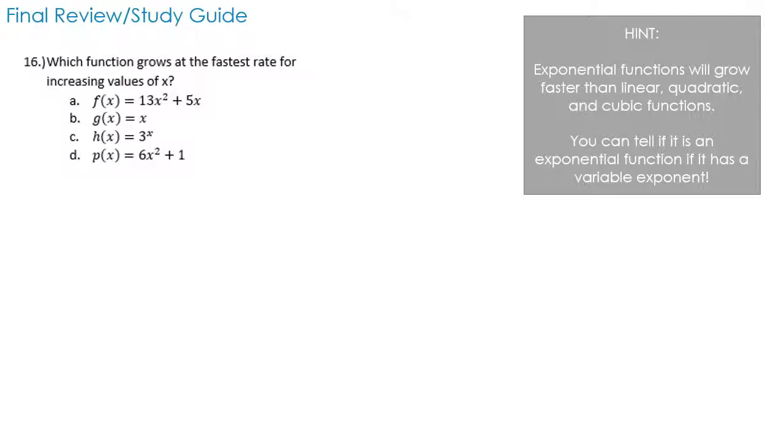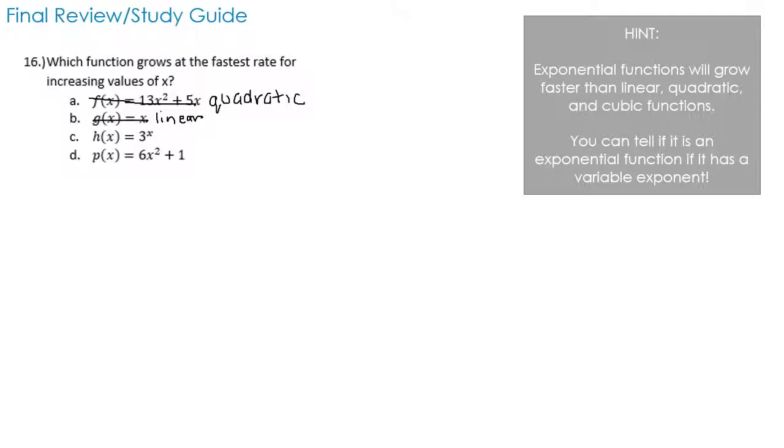So for A, we have 13x squared plus 5x. So it's not A because A is a quadratic. And we care about the exponential, so it's not A. For B, we just have x. This is a linear function, which means it's not exponential.